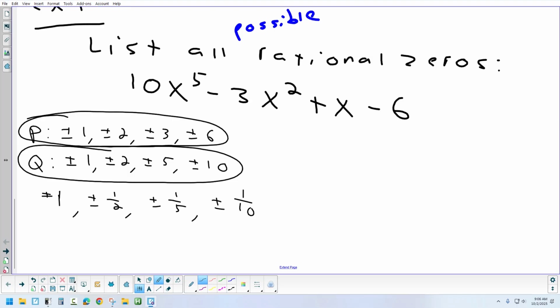2 in the top, 1 in the bottom. What would be my next one? Yeah, 2 over 2, but we already have that one from above, so we don't have to write 2 over 2. What would be the next one with the 2 in the top?